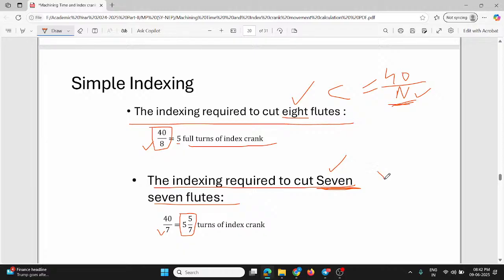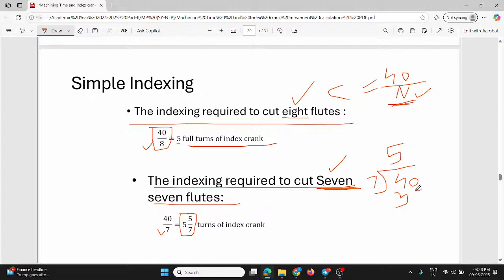So how can it be calculated? Do the division. Here you write 40, here you write 7. Here we get the quotient 5, that is 7 multiplied by 5 is equal to 35.